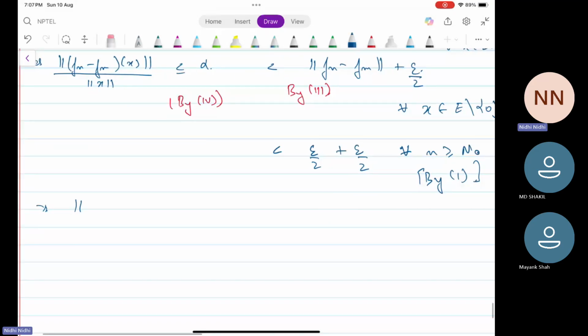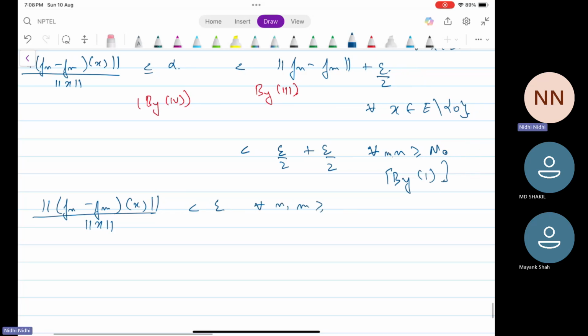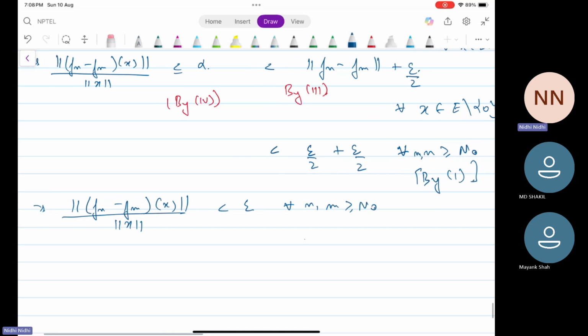This implies norm Fn minus Fn x by norm x is strictly less than epsilon for all n, m greater than or equal to n naught, and for every x in E minus t.